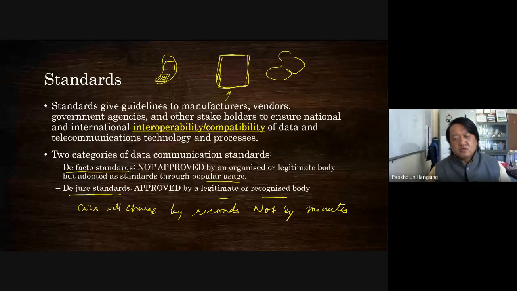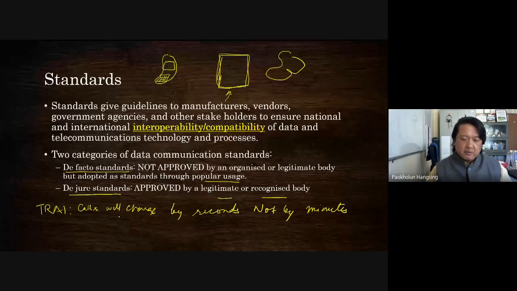If TRAI says that, that becomes a legitimate or de jure standard that every telecom company has to follow. So that is the difference between these two standards: one is the de facto standard, the other is the de jure standard.